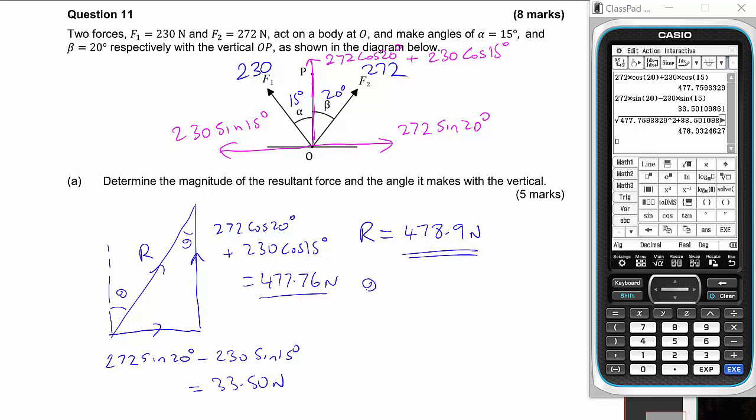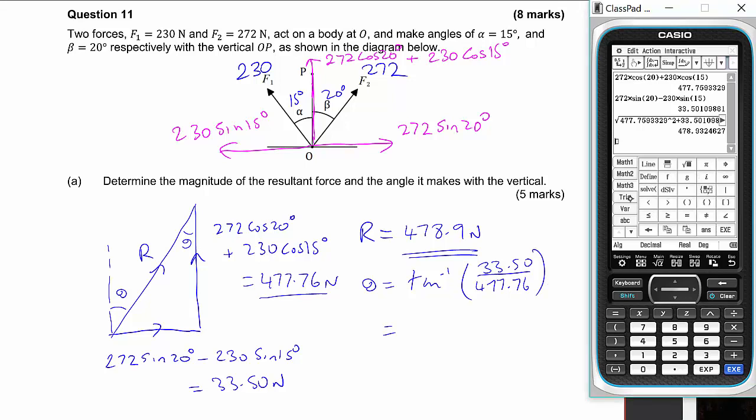And then theta is going to be the inverse tangent of 33.50 over, this one's the opposite, this one's the adjacent, over 477.76.